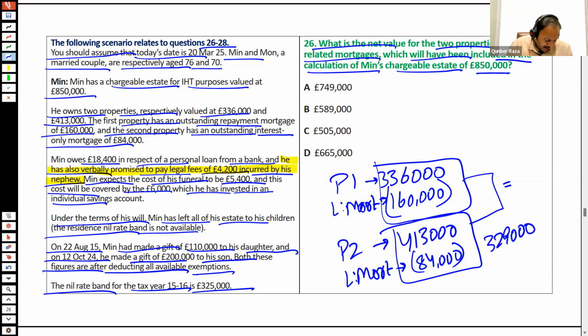It is 329 and it is 176. So the sum amount 50.